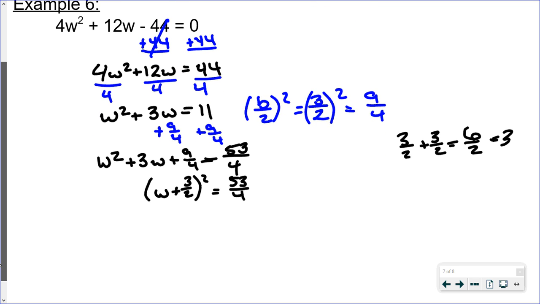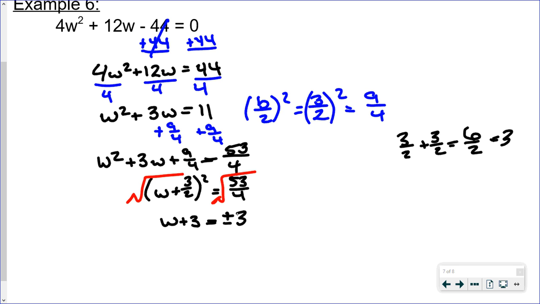So now we're going to take the square root of both sides. So we have w plus 3/2 equals, and again, I'm going to have to round this. It comes out to 3.64, positive or negative 3.64.